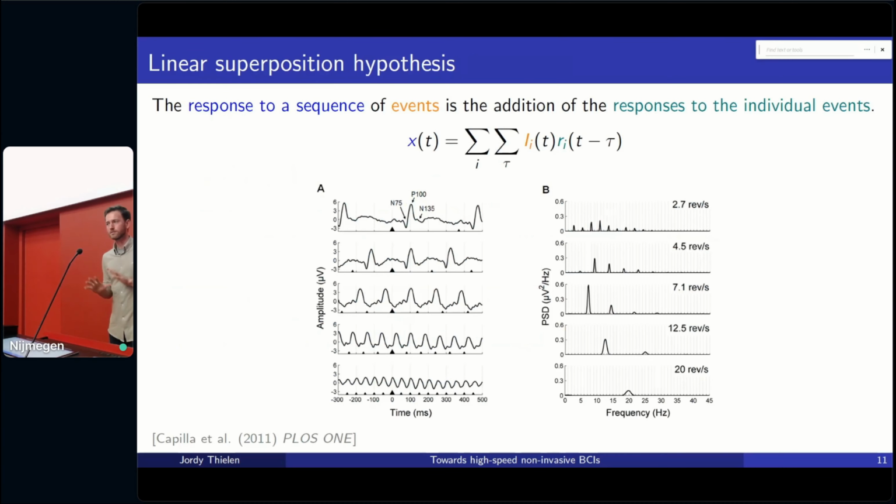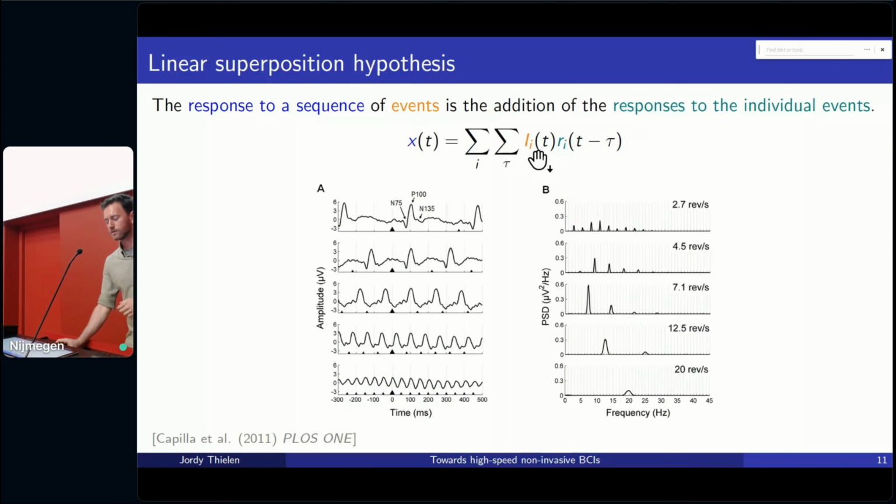Can we do this? Literature has shown, yes, we can do this to a certain extent. So this is the so-called linear superposition hypothesis. So the idea that the response to a sequence of events is actually the added response to the individual events. Right? So the response to a sequence of events here in blue is actually the response of the individual events.